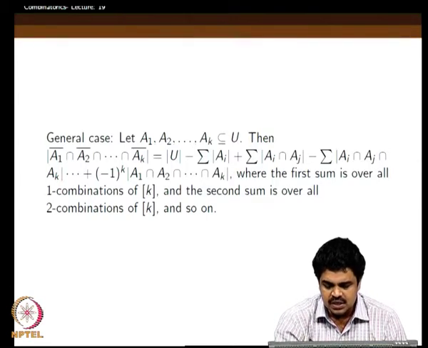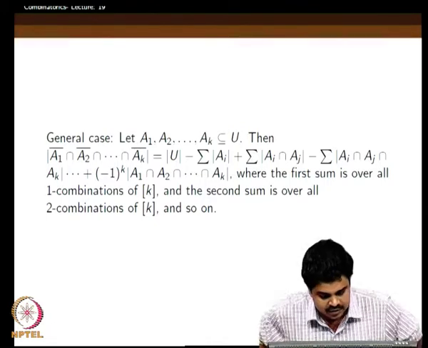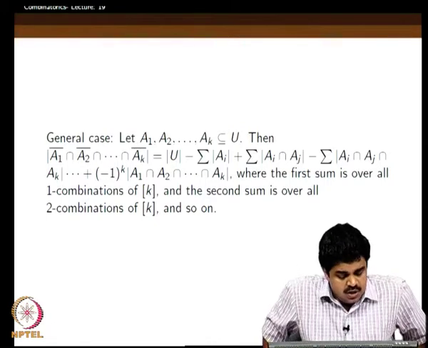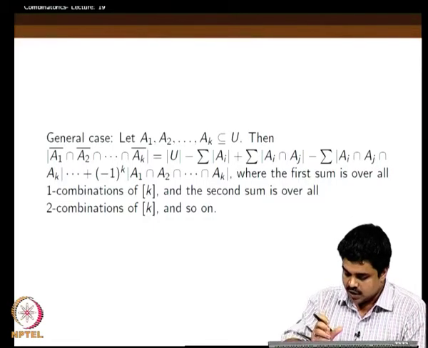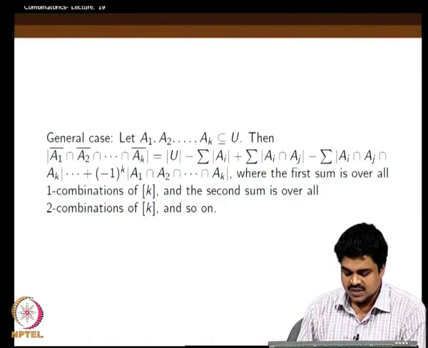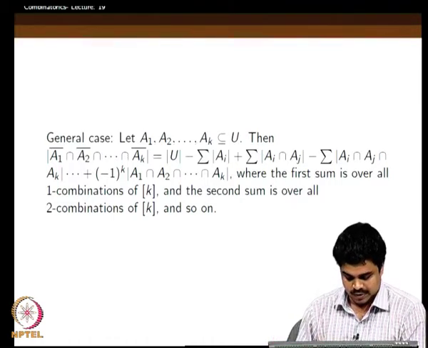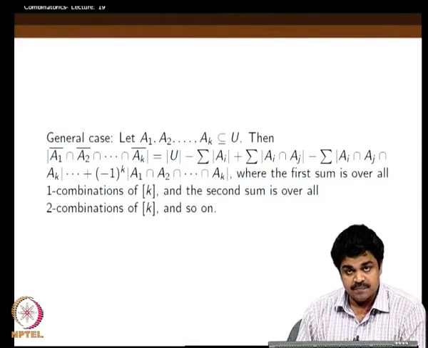Actually we gave 2 kinds of arguments to show that this formula is correct. One was done as we wrote down the formula, we kept on arguing and writing it down. In the 2 cases, we were also arguing using the Venn diagram. We want to find the members in U which are not in any of the AIs.